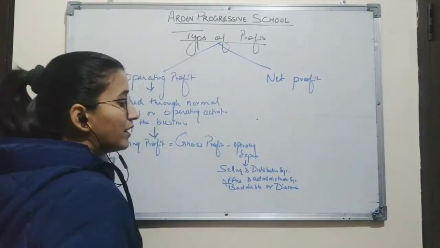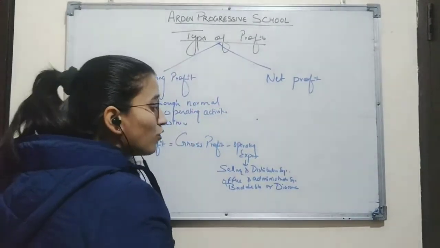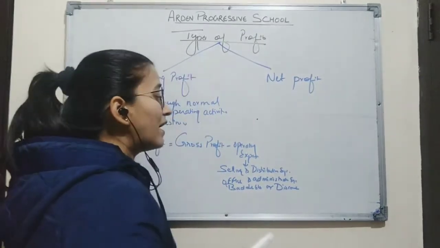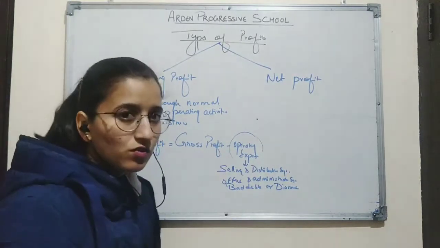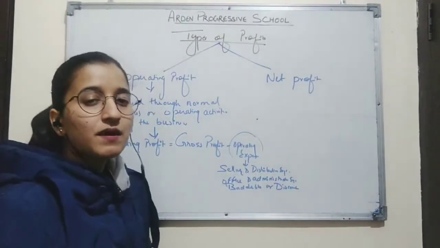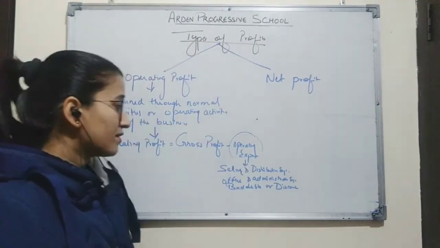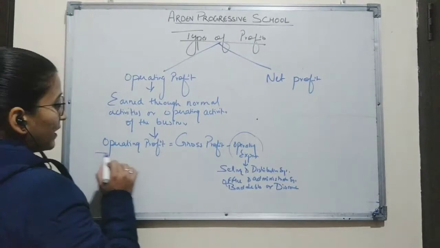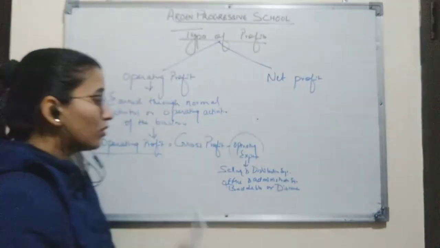Day-to-day operating activities of the business can be selling and distribution expenses, office and administrative expenses, bad debts or discounts. So it is related to direct expense also. Operating expenses can be direct expense also, because direct expense is basically related to the day-to-day activities of the business. So it is clear that operating profit is calculated by deducting operating expenses from gross profit.